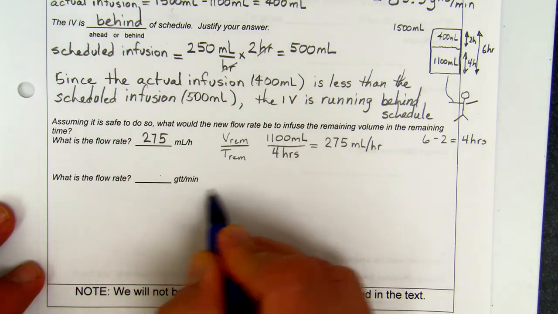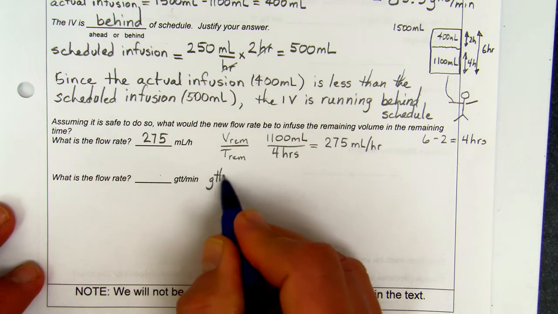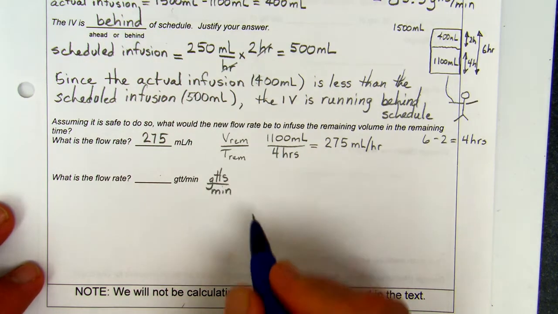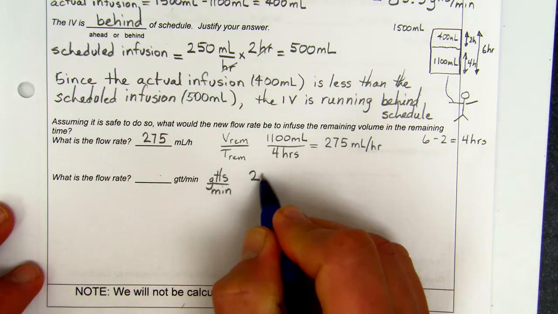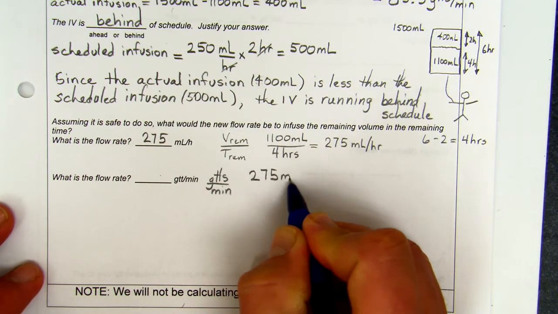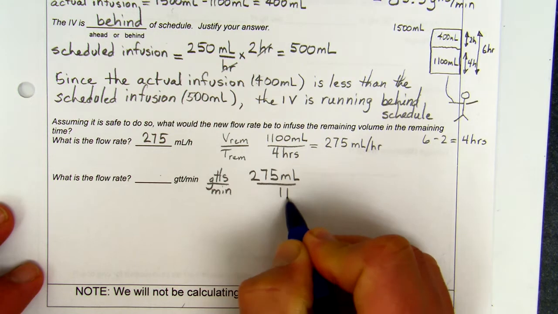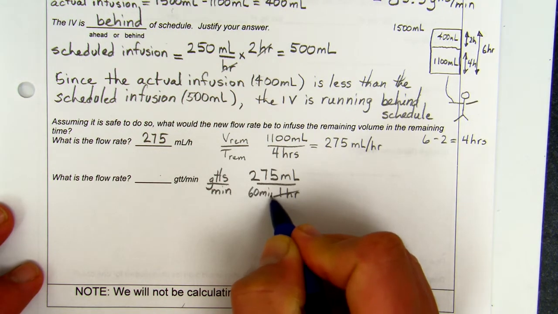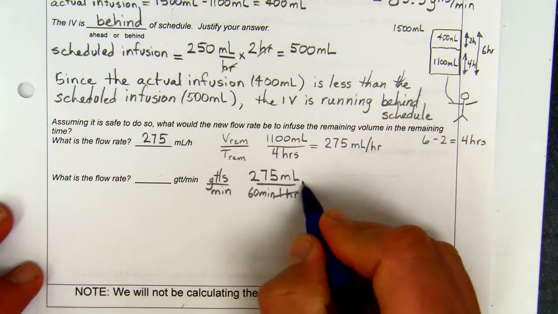All right, but then we want to find, because this is a gravity feed, we want to know the flow rate in drops per minute. So we can take our 275 milliliters for 1 hour, and we'll trade the 1 hour in for an equal amount of time, 60 minutes.